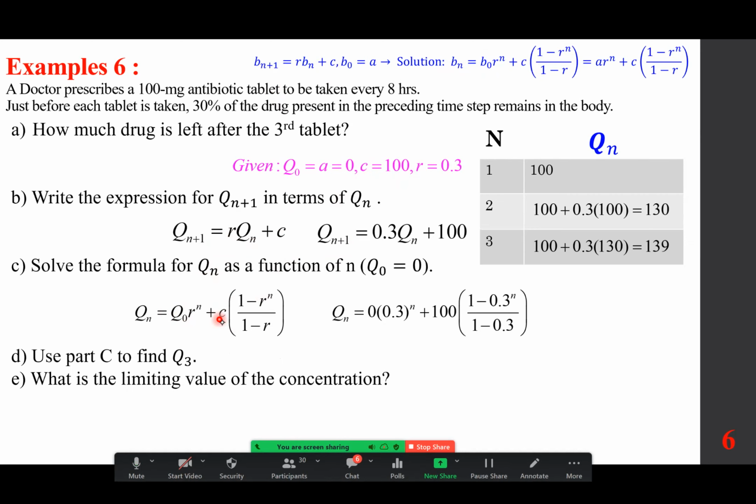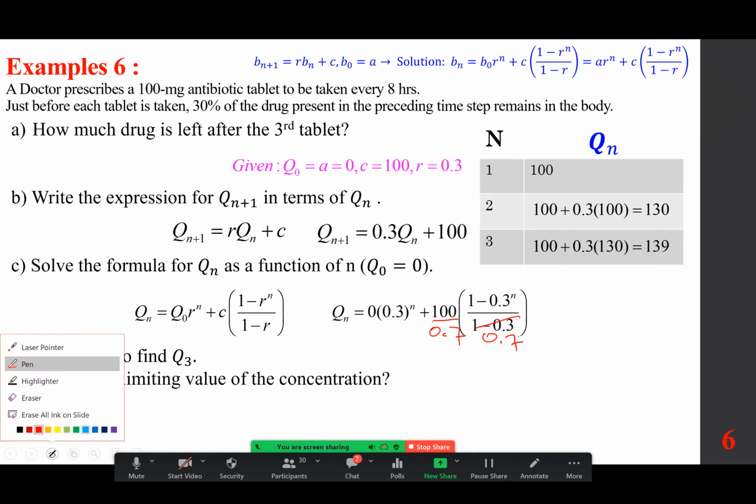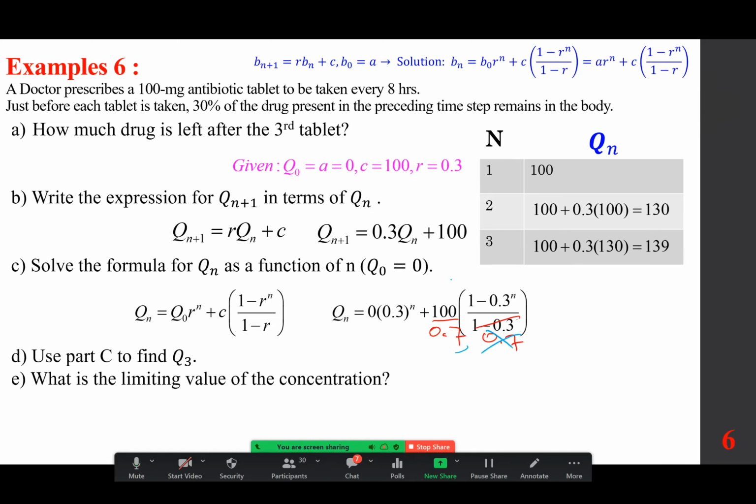We're going to simplify the expression. I can put it underneath here, and I'm going to cross it out here. And this is the same as 1000 over 7.